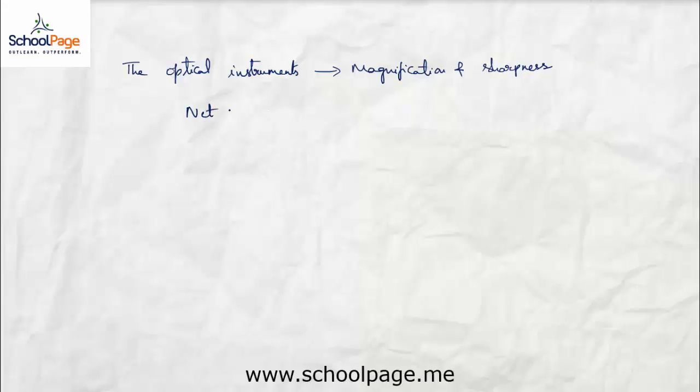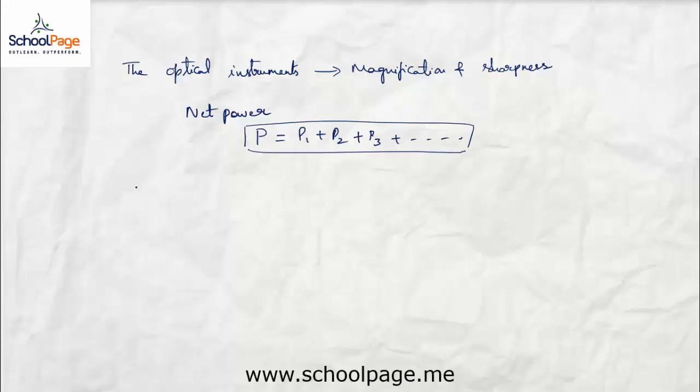The net power of the lenses placed in contact is given by the algebraic sum of the individual powers. That is, capital P will be equal to P1 plus P2 plus P3 and so on. So this is the net power of the lens.